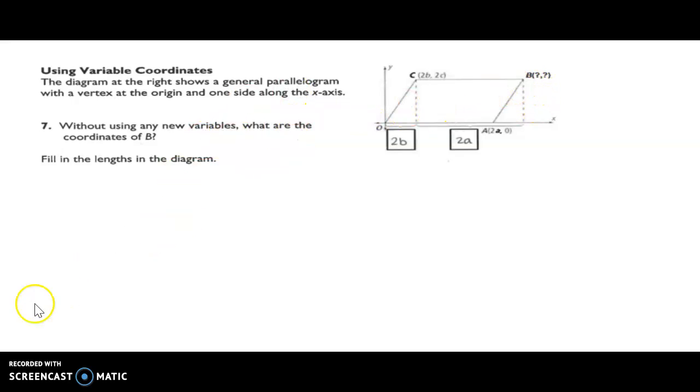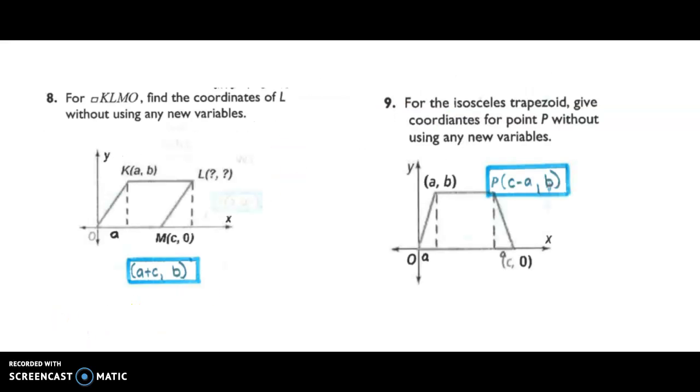You can pause here and try it, or pause it and take a look and think about it. Okay, same thing here, with the parallelograms and the isosceles trapezoid.